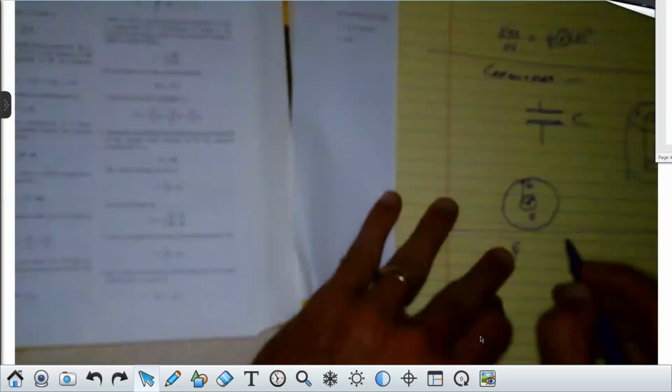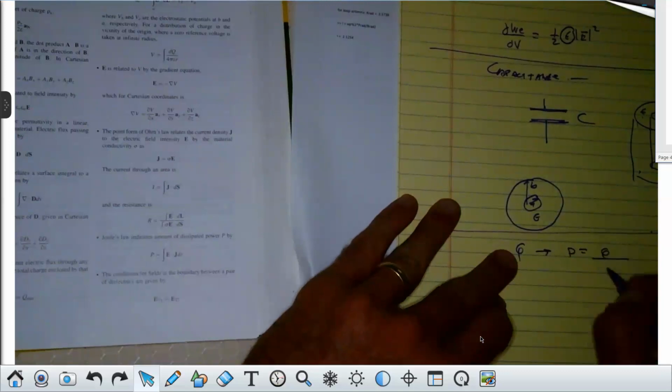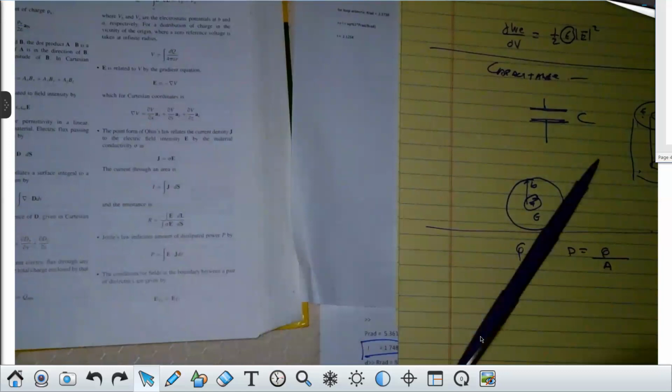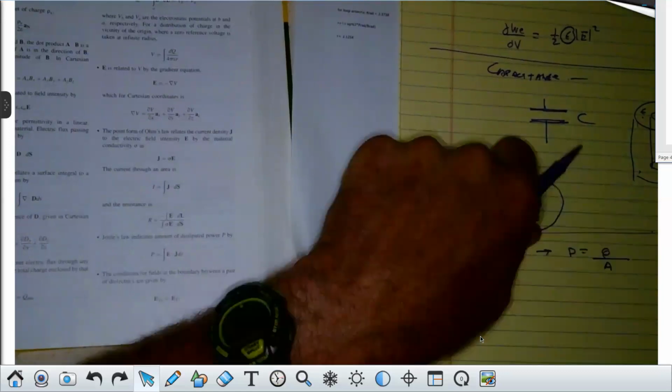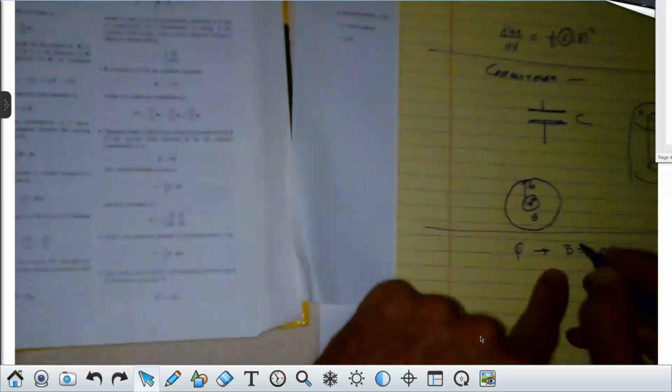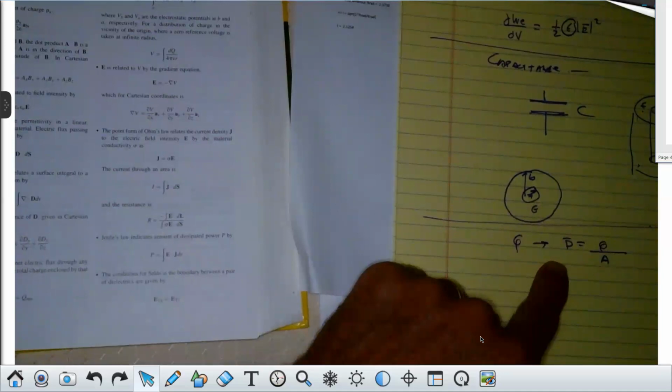So after you have Q, you can get D. And D is always equal to Q over the surface area, right? It depends on the area. If it's spherical, if it's cylindrical, if it's planar. But it's charge divided by area gives you the D field. Doesn't it, class? You remember this, right? You remember from Gauss's law. Yeah, Gauss's law.